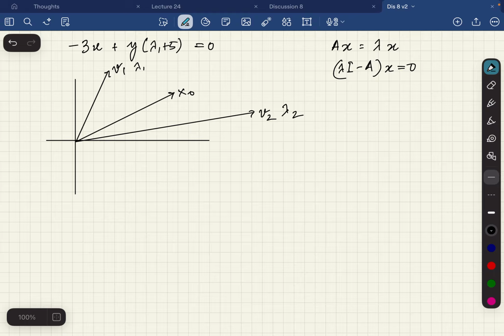So I project these, and remember that these projections have to be parallel to the other axes. So now, what is this length? This length is x naught dot v2 divided by mod of v2.